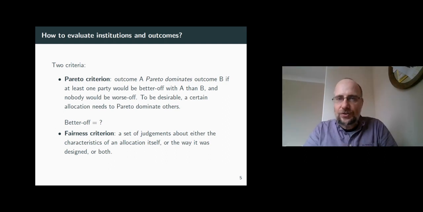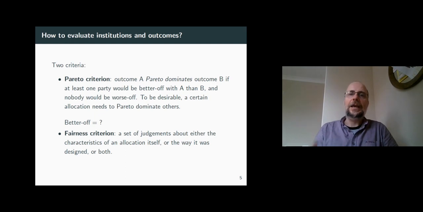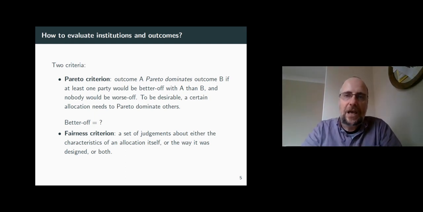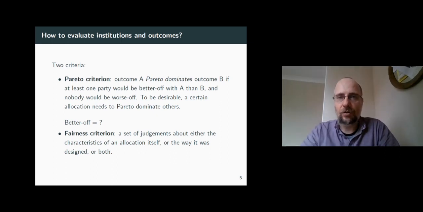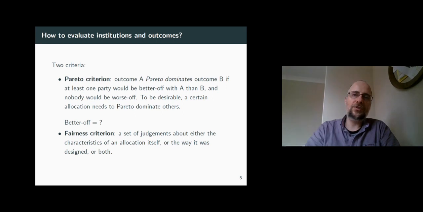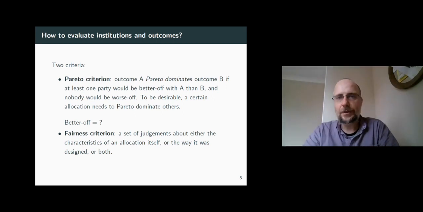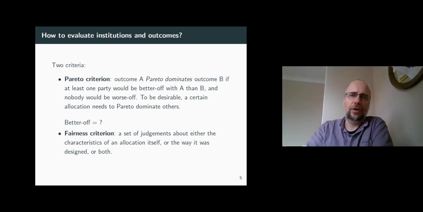And if we believe the structure of the rule gives equal opportunities for everyone involved to realize the potential gains from the interaction, then we say the rule is fair. So apart from substantive fairness, we'll also have procedural fairness. In economics, we typically use the Pareto criterion for evaluating outcomes and focus on fairness a lot less. So we'll see further illustrations of the Pareto criterion now.